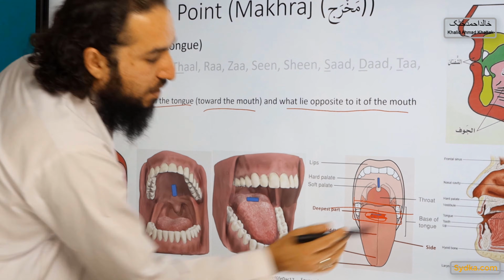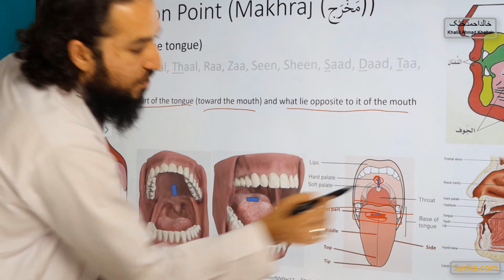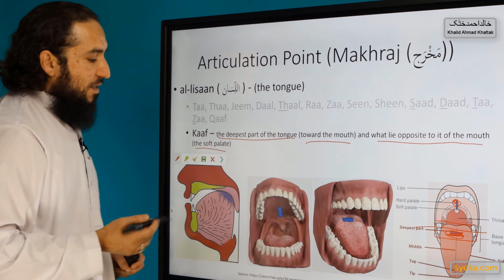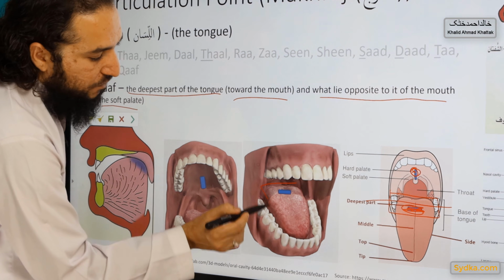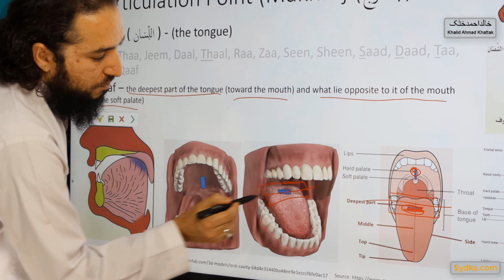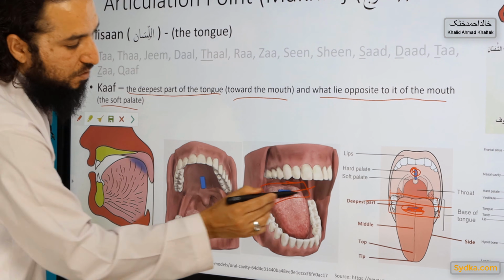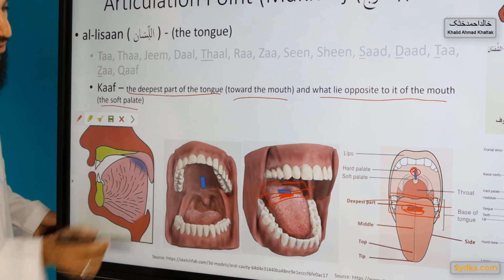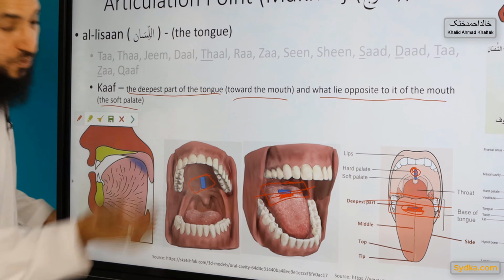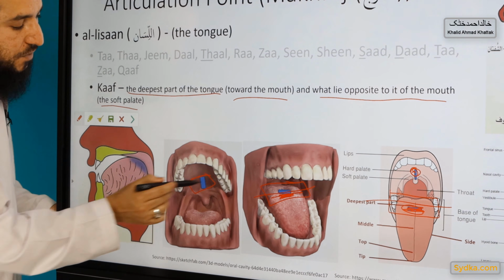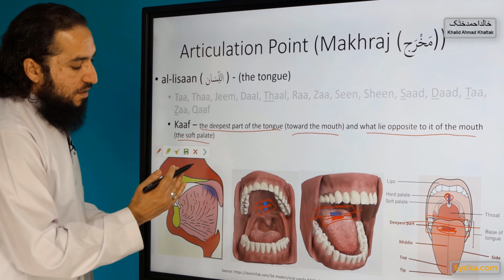We will be using this side, and it is going to touch what is opposite to it of the roof of the mouth, which is the soft palate, but towards the hard palate.